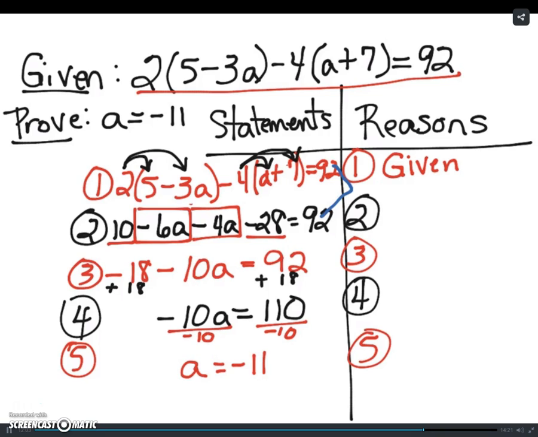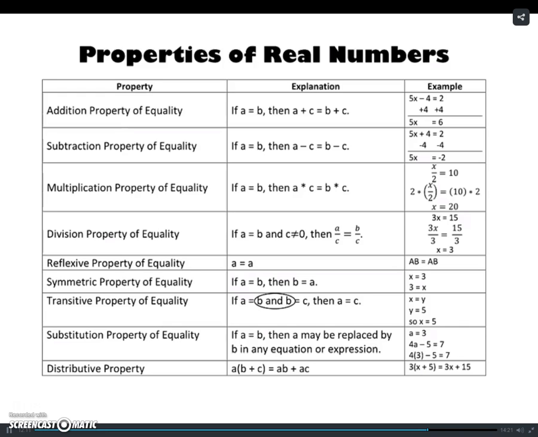And if you look in your book, at the beginning of 2.6, there should be a pretty little chart. It should look something like this, where it has all these properties on the left. On here, I've also included an example, and I'm trying to print these out so that they're small enough where you can put a copy into your notes.